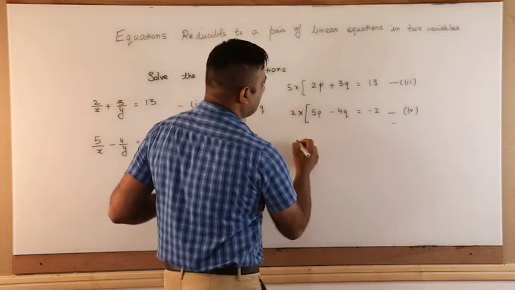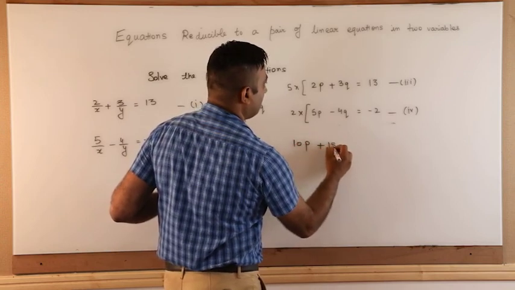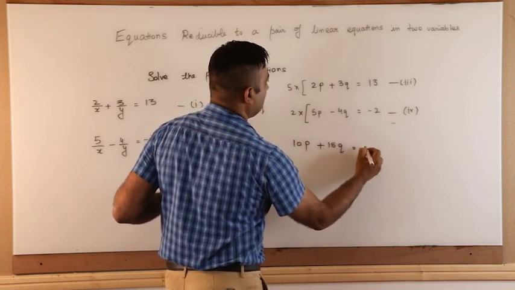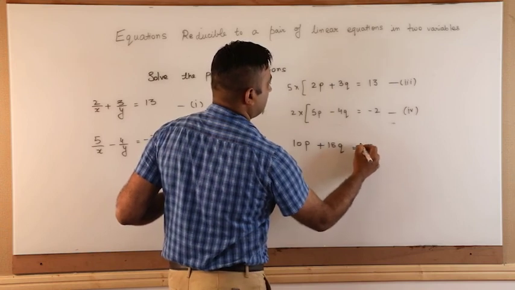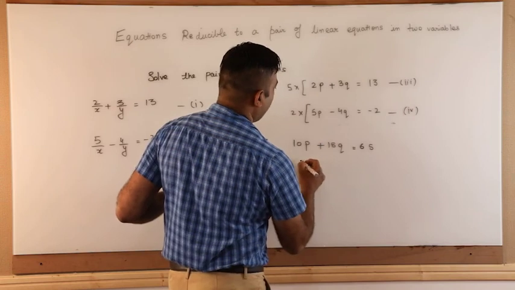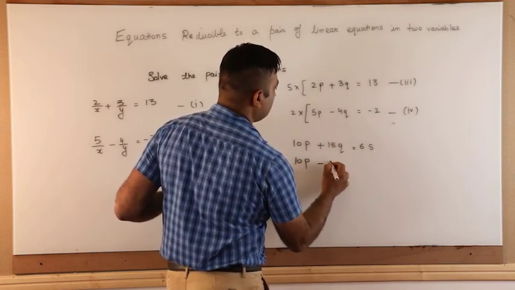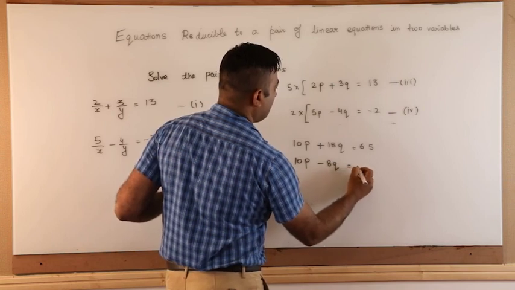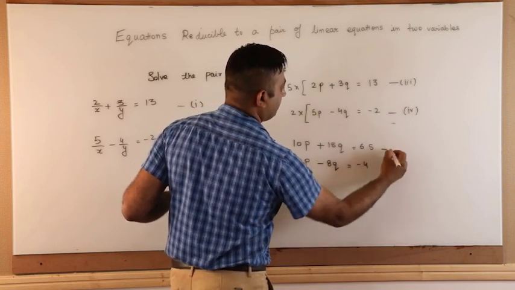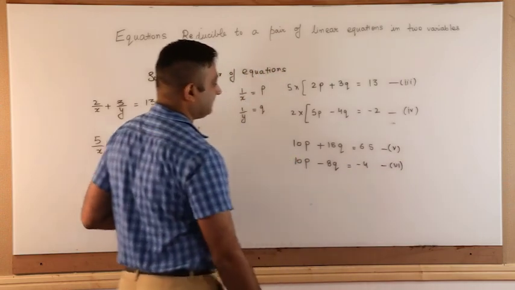Then these equations will become 10p plus 15q is equal to 65 and 10p minus 8q is equal to minus 4. These are equation numbers 5 and 6.